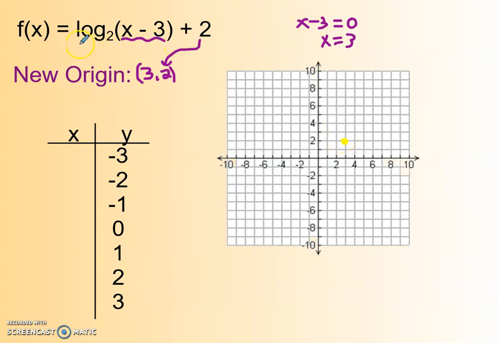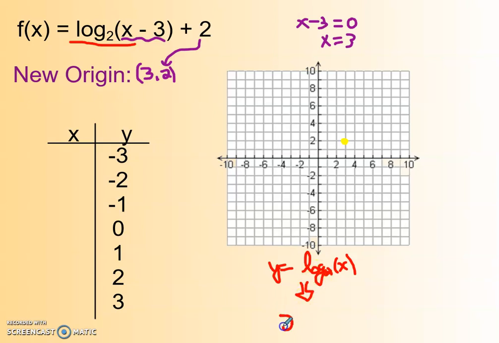Then I take the basic function. This basic function is y equals log base 2 of x, and that's what I'm going to focus on for making my table of movements. Now, I'm not really good at logarithms. As a matter of fact, I think I just told you I never graph a logarithm. So what I do is I use my powers of converting logarithms to exponents.